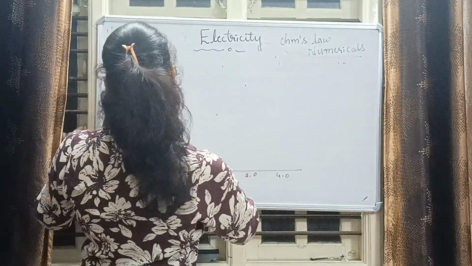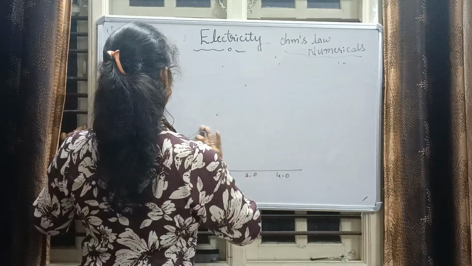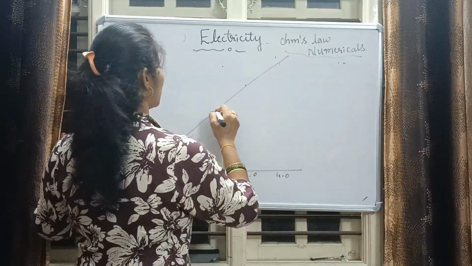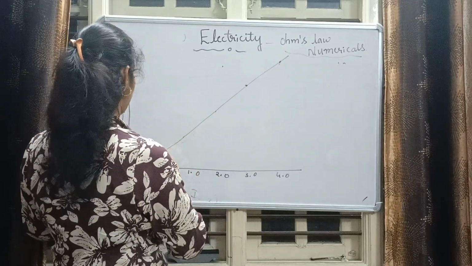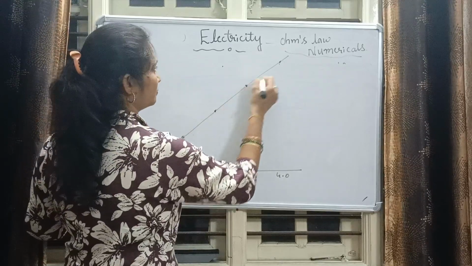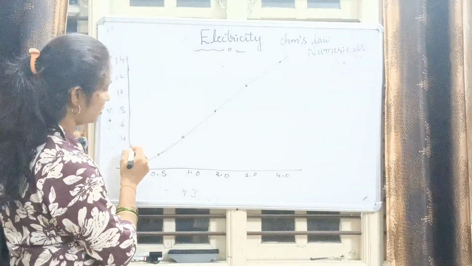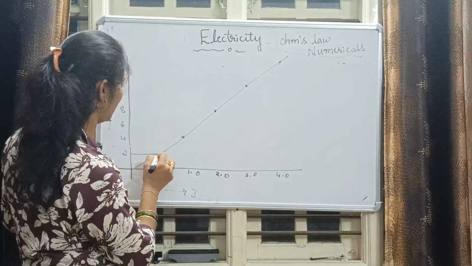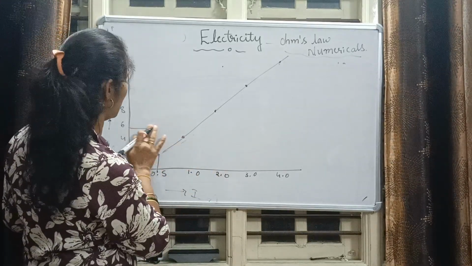Just look at the graph. The graph is uniform, the graph is a straight line. You got a straight line for the graph. Okay, the graph is very important. Just this recording is important that you can mention, or it is not necessary, but what I'm telling you, just mention the terms.